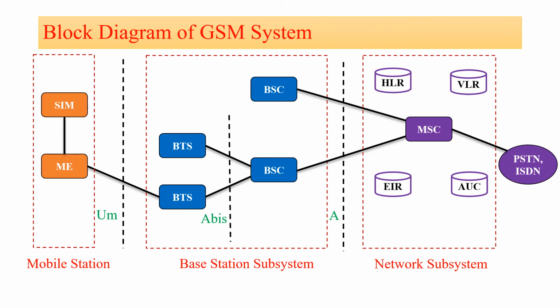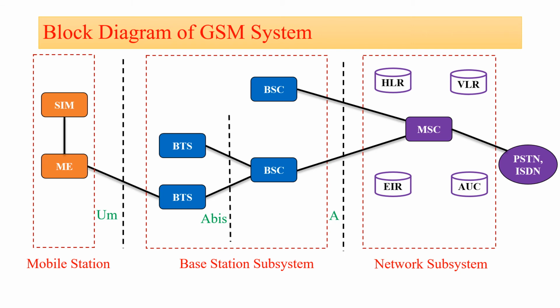Now the NSS is responsible for the network operation, and it provides the link between the cellular network and the public switching telephone network, that is PSTN, ISDN or data networks. And the NSS controls the handoffs between the cells in different BSS or authentication of users and validation of the accounts.